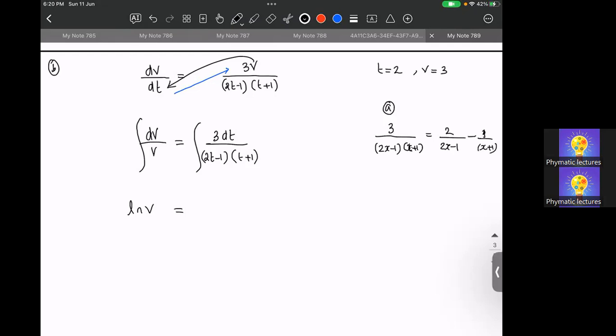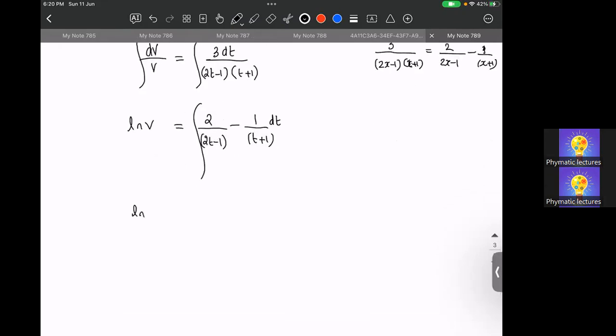Here the same scenario, but only one thing is different. That is, instead of x, it is just t. So we should replace that 3 over (2t minus 1) by (t plus 1). We can rewrite it as 2 over (2t minus 1) minus 1 over (t plus 1) times dt.